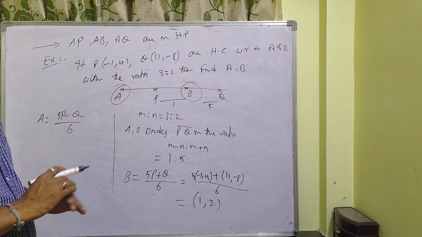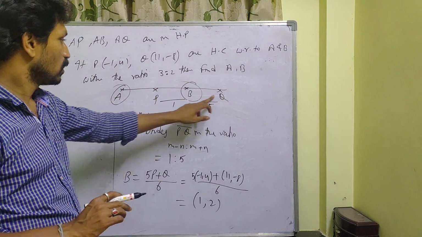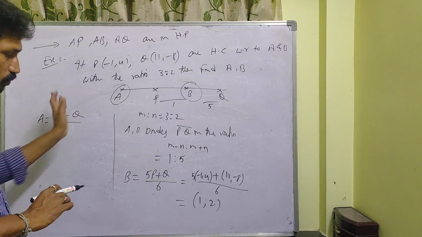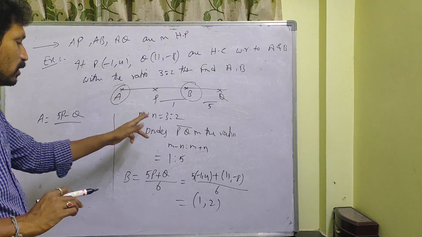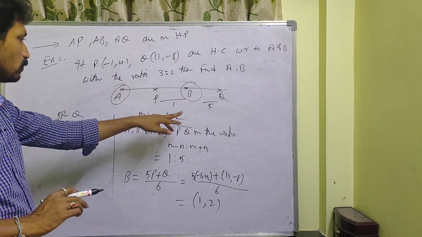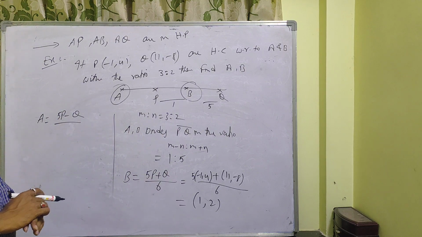Okay, which one is correct one? So here first point is Q, second point is P. So no problem, 5P minus Q. So anyway, if you take 5P minus Q, so write 5 minus 1. If you write Q minus 5P, so write 1 minus 5.